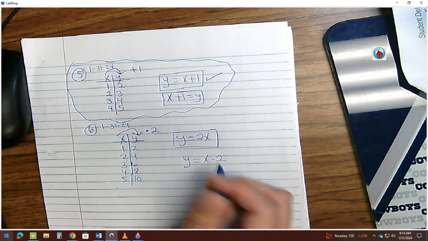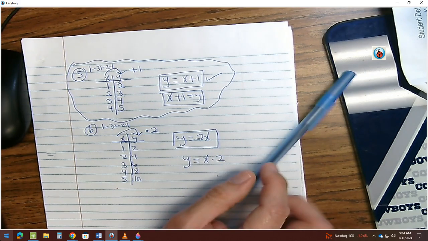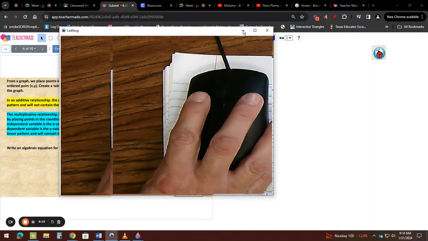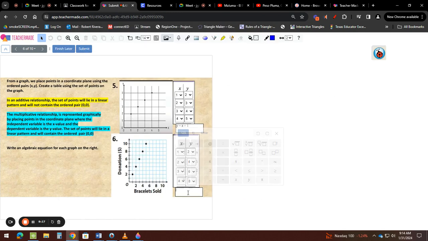You could also do it with parentheses, but there's no need. Then you go to your teacher mate here, and you write y equals 2x. Close it, and you're done with slide 6.